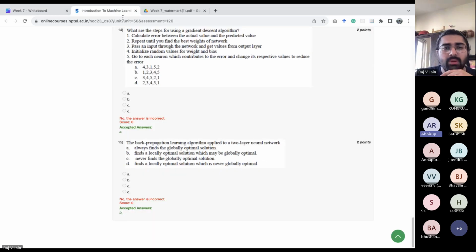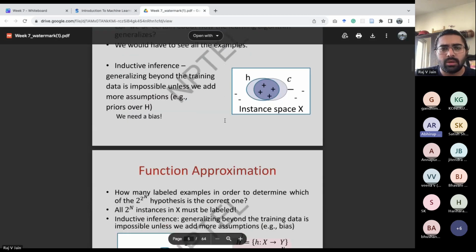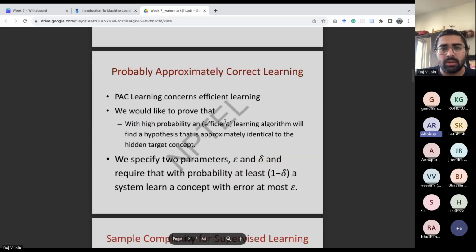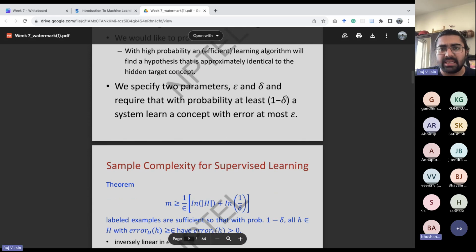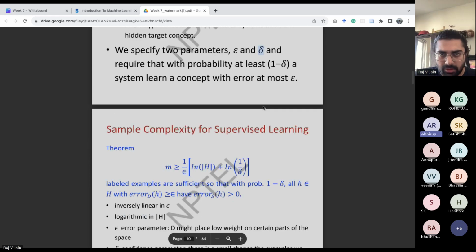I had a doubt in the current lecture series. There is eta, and there is another function. What do you call it? Delta, eta and delta, and epsilon. I wanted to know the difference between the two.